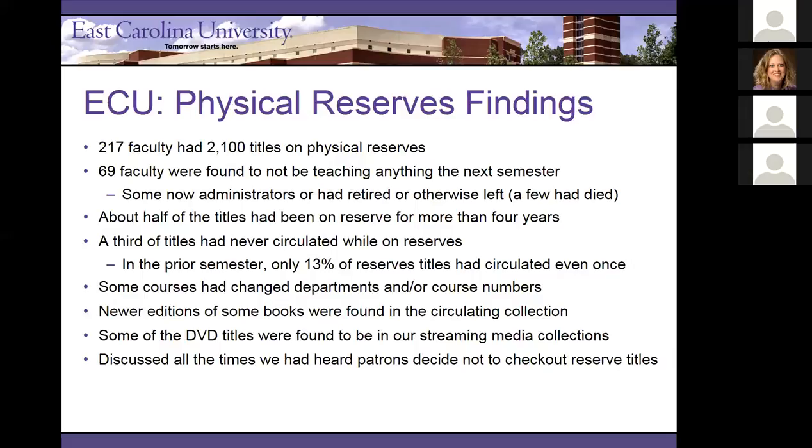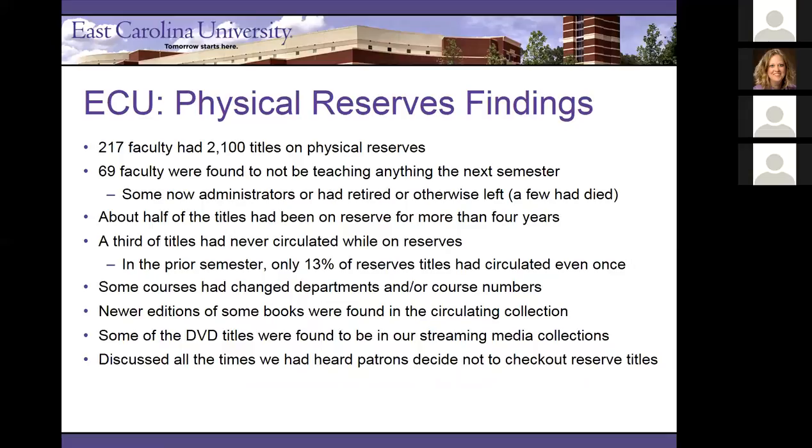When we looked deeper in that, we found 69 of those faculty weren't teaching anything the next semester. They didn't teach anything. Some had become administrators, and some had retired or left, and a few had actually died. So their items really should not be on course reserves anymore.